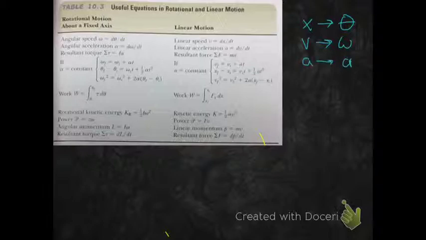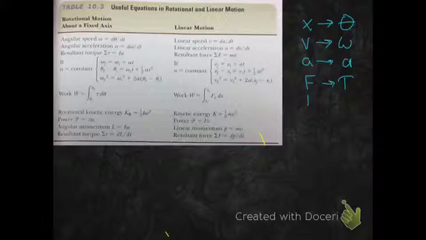A, acceleration, is replaced with alpha, angular acceleration, which, by the way, is not to be mistaken with radial and tangential acceleration. Angular acceleration is change in omega over change in time, whereas tangential acceleration is change in velocity over change in time. And radial acceleration is v squared over r.